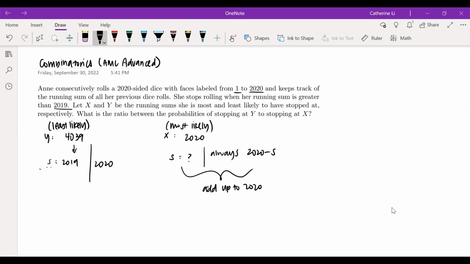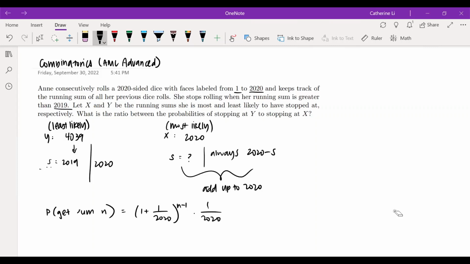The probability that we get some sum n at some point is equal to (1 + 1/2020)^(n-1) times 1/2020.